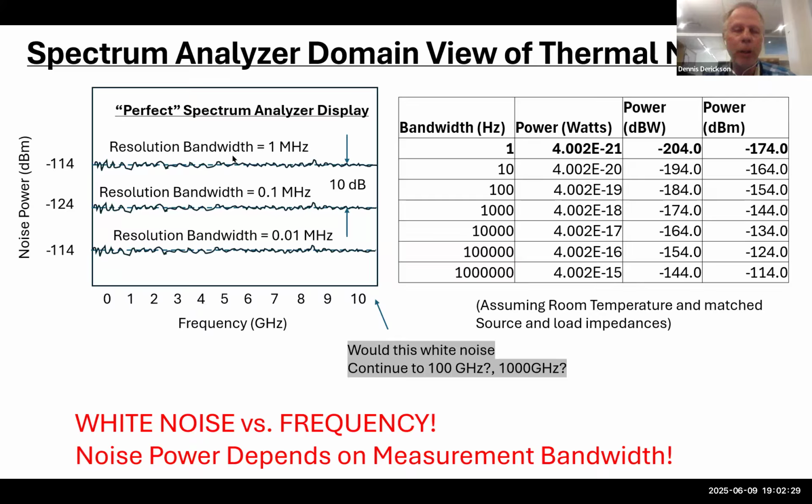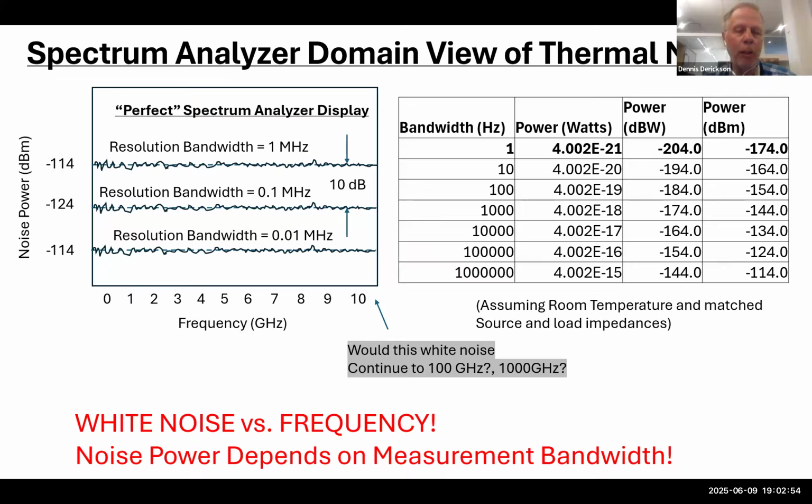Now, in a spectrum analyzer, one of the adjustments you have is called the resolution bandwidth. And that's the width of a bandpass filter that is used in front of a power meter on the spectrum analyzer. And so if we had a 1 megahertz resolution bandwidth, which would be right here, we'd have a minus 114 dBm noise display.